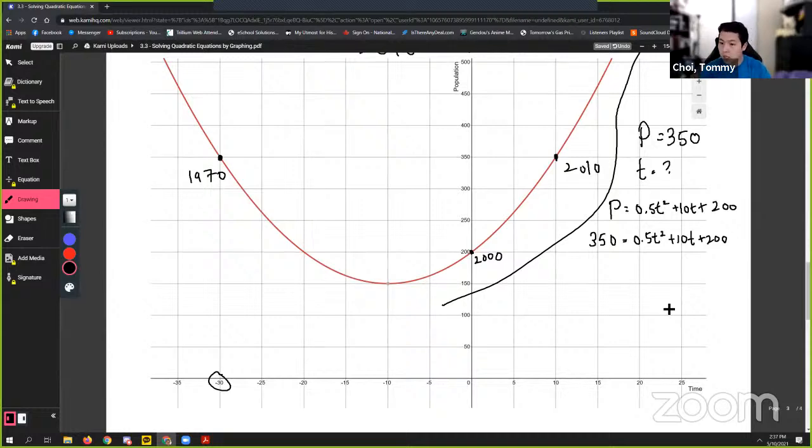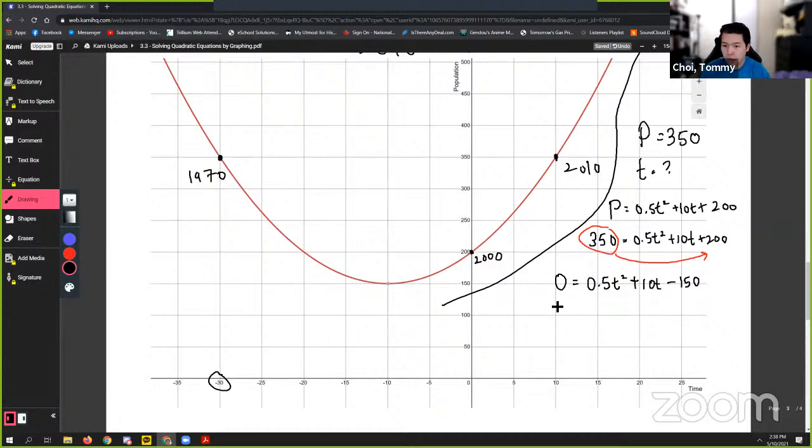Move everything to one side, and then solve for t. So moving the 350 to the right side gives us 0 on the left. We get 0.5 t squared plus 10t, and then 200 minus 350 is negative 150.